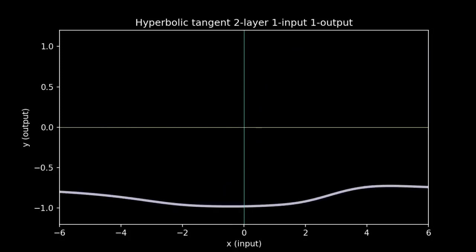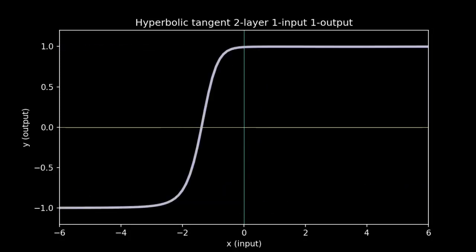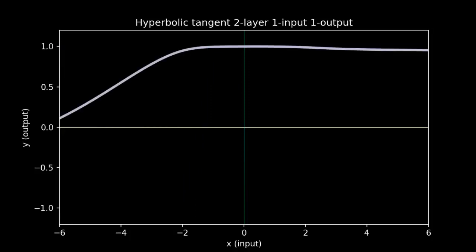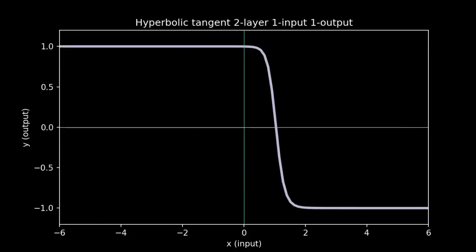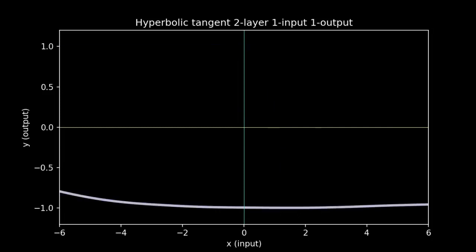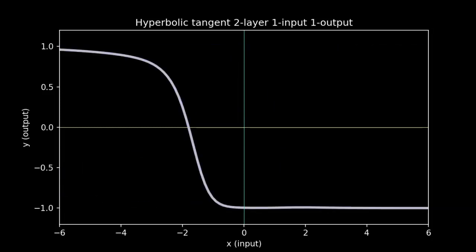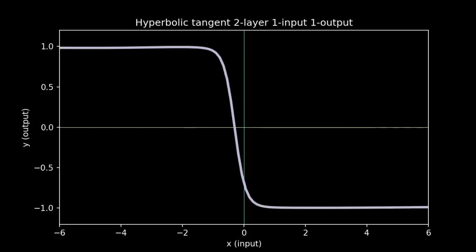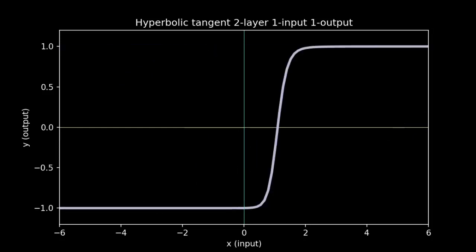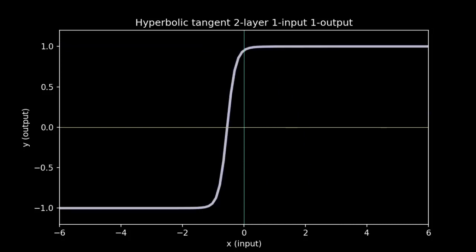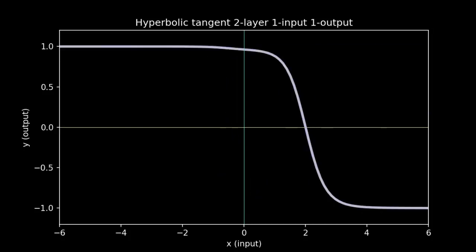We've left the realm of the linear. Because the hyperbolic tangent function is nonlinear, when we add them together, we get something that doesn't necessarily look like a hyperbolic tangent. We get curves, wiggles, peaks, and valleys, and a much wider variety of behavior than we ever saw with single-layer networks.